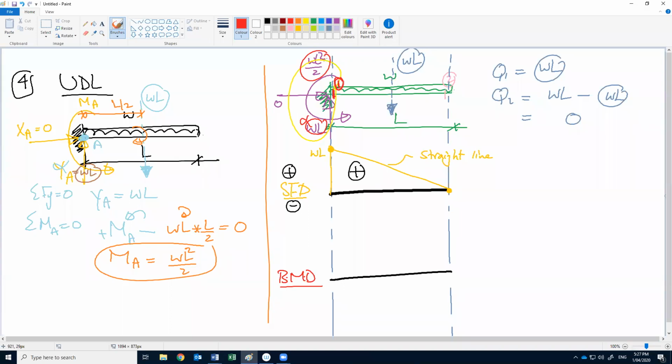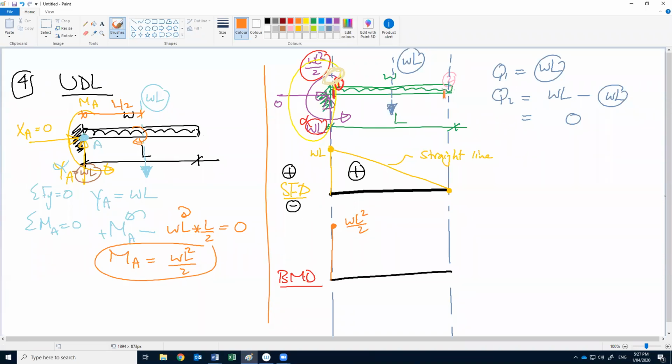Do we put it above the datum or below the datum? We should have a look at the tail. The tail is above, so the moment should be above. This moment will be WL square divided by 2.